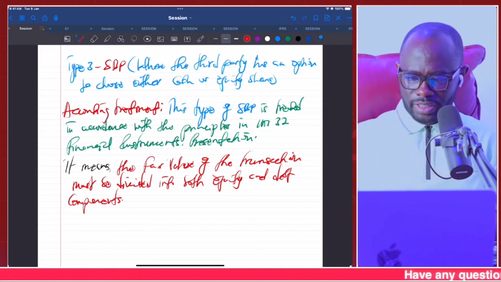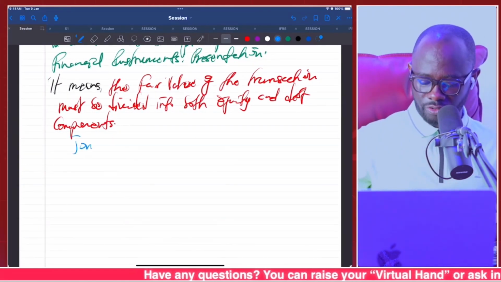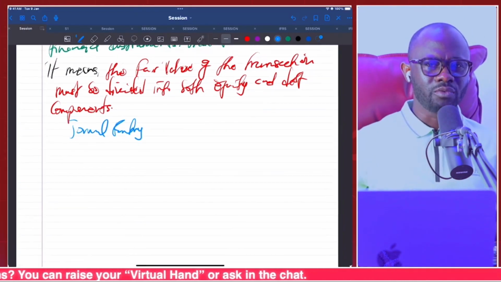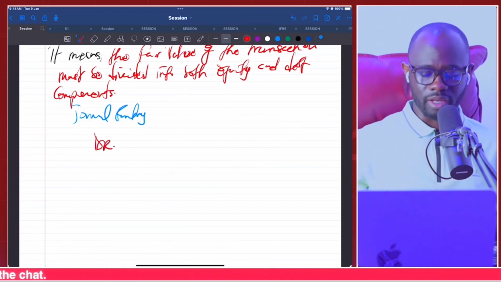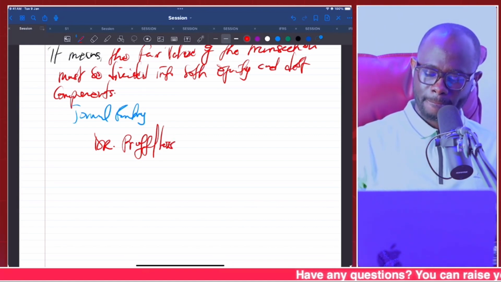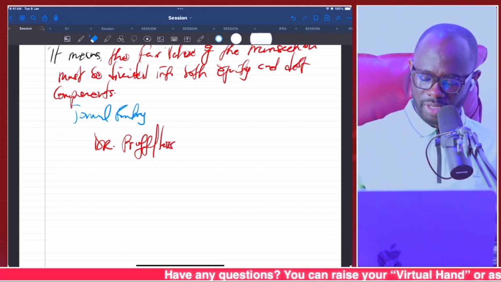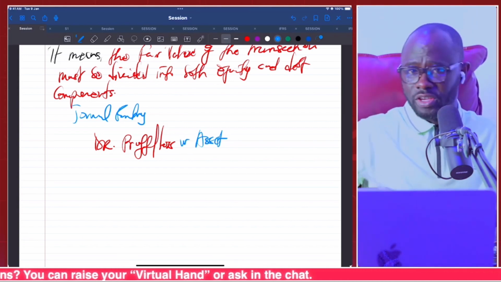So how do we deal with it? Simple. Journal entry. So what the heck did we buy? Maybe we bought an asset, or it is an employee we are paying. So either we debit profit or loss, or we are debiting an asset because we bought an inventory or a PPE.